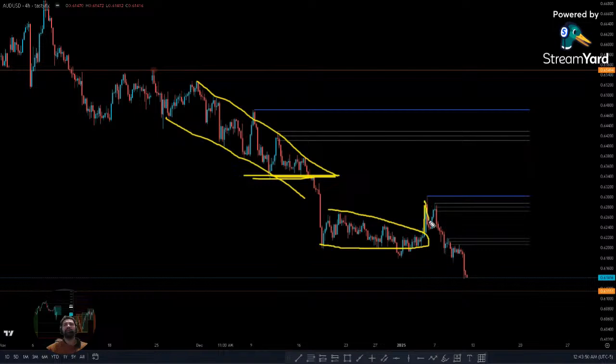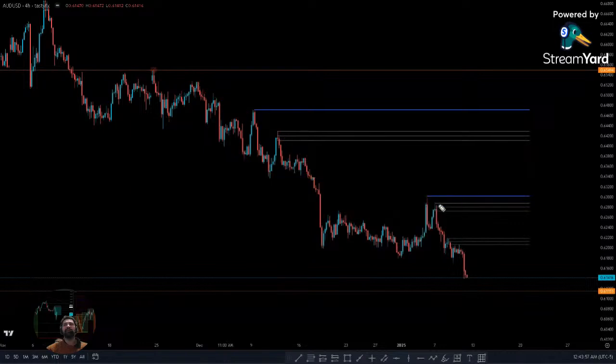There was one push try on the upper side, again the price failed. We did get a reaction of the pin bar right here, showing us that price can go on the downside, and after that we did get a reaction, and this was an NFP move that occurred. So overall, Australian dollar is super weak.